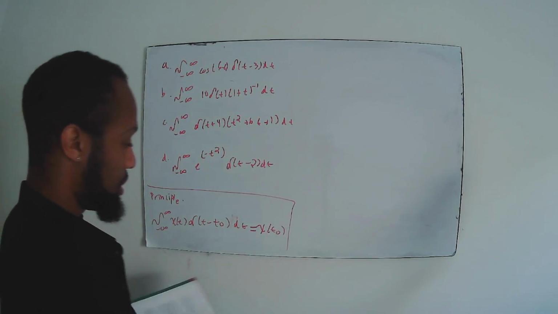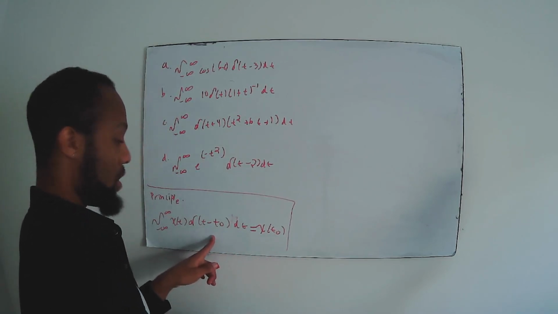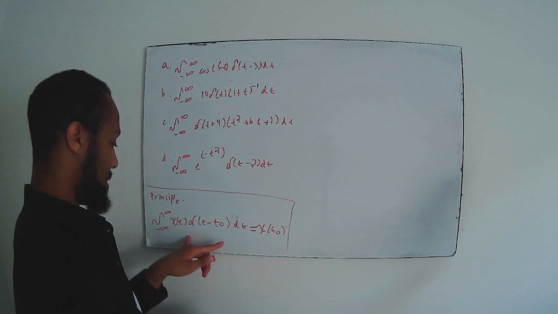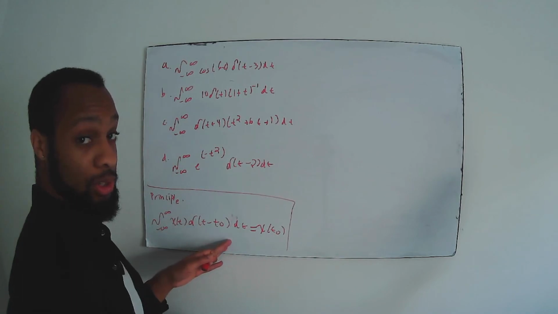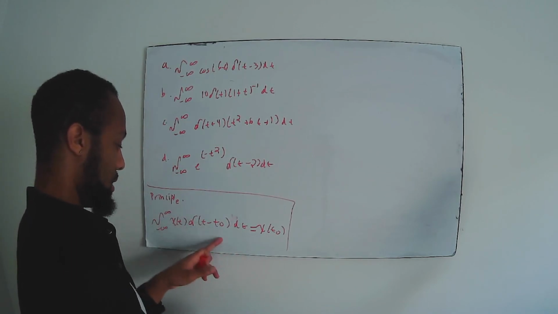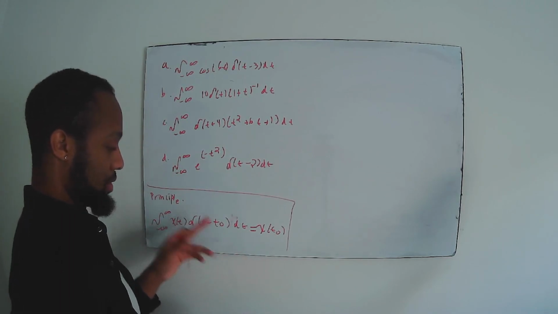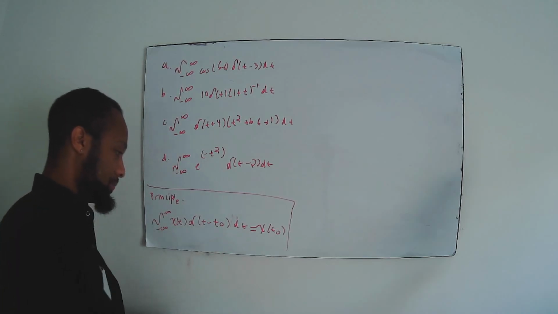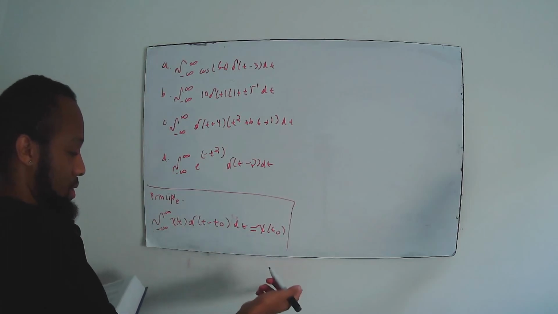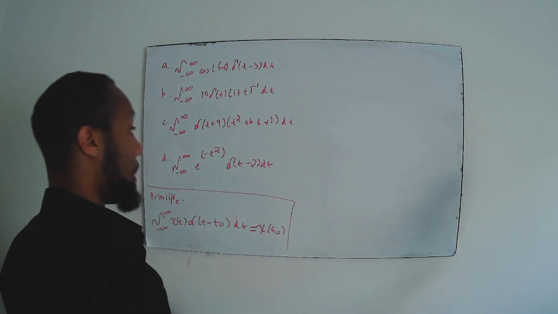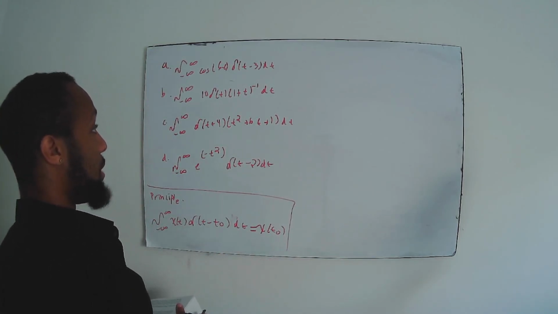So it's just the function value at wherever the delta is centered, which makes sense because the delta is 0 everywhere outside of the center value. So when you multiply, it'll be 0 except where delta has a value, which is wherever this time shift is. And if the time shift is 0, this would just be x of 0. Exactly. So now let's go ahead and use this property.